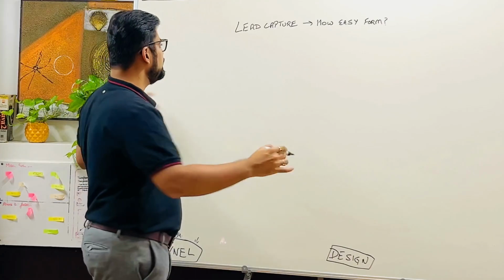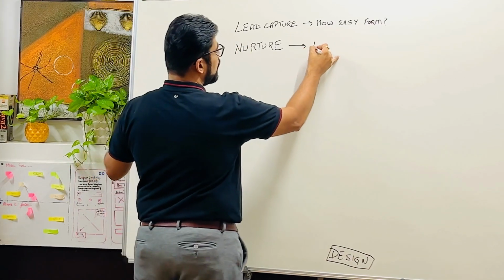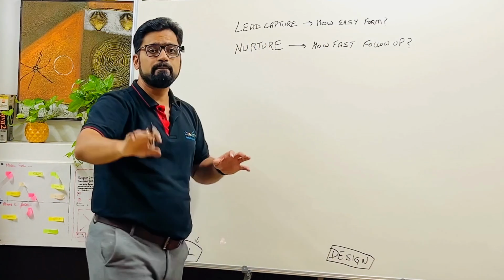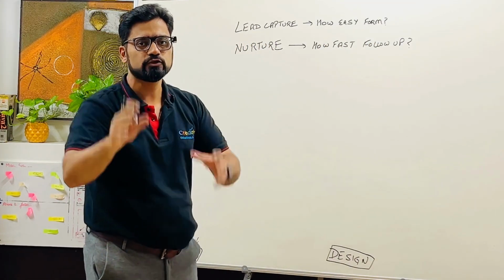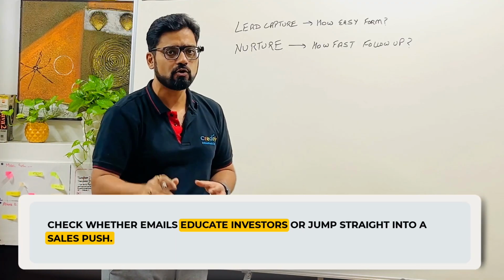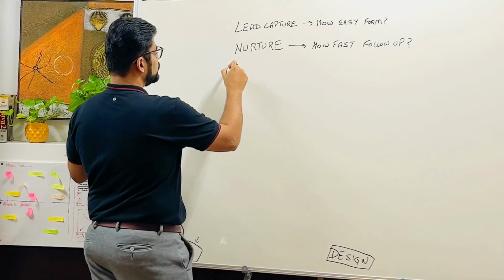Then you need to see how they nurture. Here you need to see how fast they follow up. We timed the gap between the first download and the first phone call and checked whether emails educated investors or jumped straight into a sales push. Now comes the purchase flow.